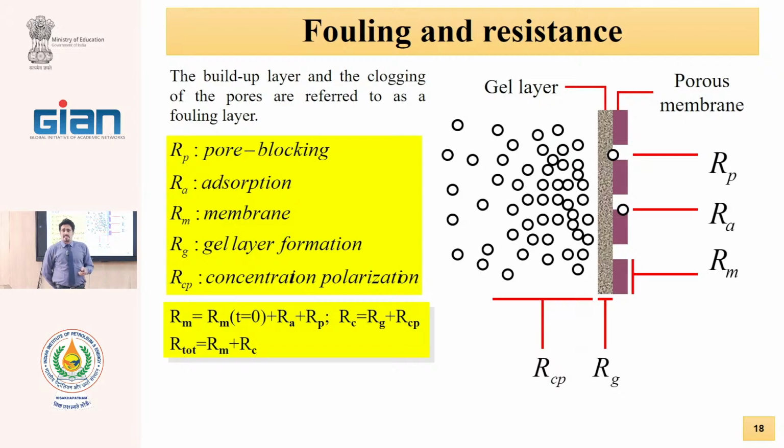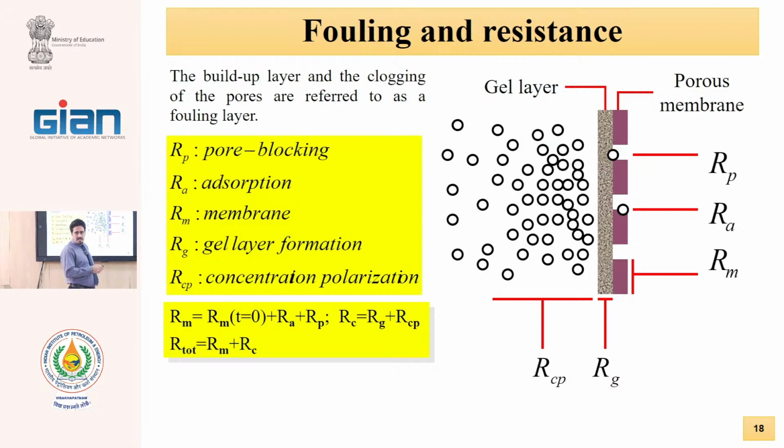There are different resistances in the membranes that we can calculate with filtration of the proteins that I discussed yesterday. We test pure water, foulant, and second water. We have different types of resistance. The first one is the membrane intrinsic resistance.